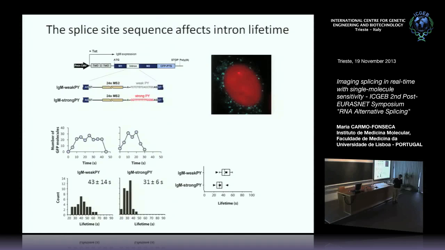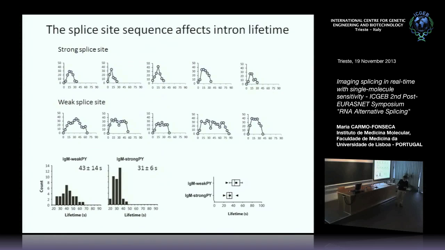And now these are a couple of examples of how long it takes for them to be synthesized and spliced. Each of these plots corresponds to a different cell, and you can see that there is a clear difference in the behavior of the introns with a strong or with a weak splice site.